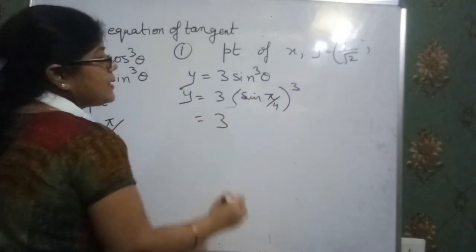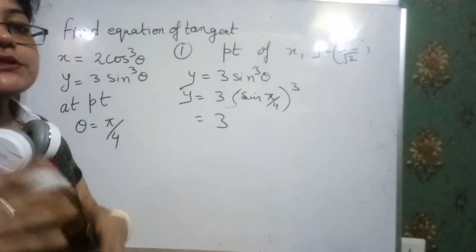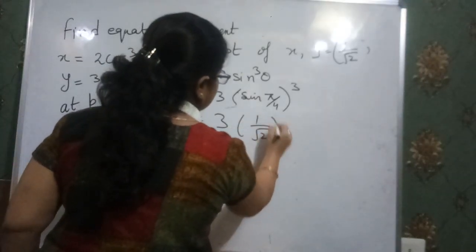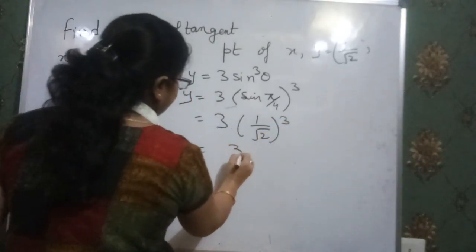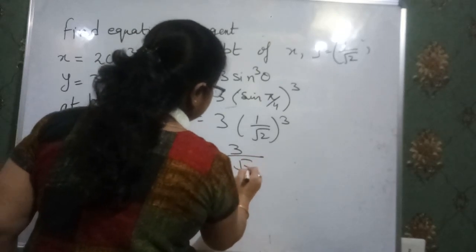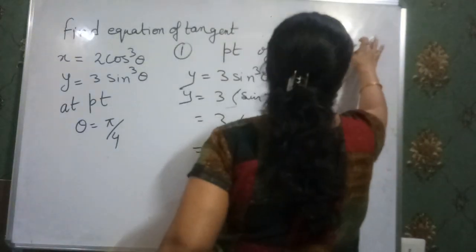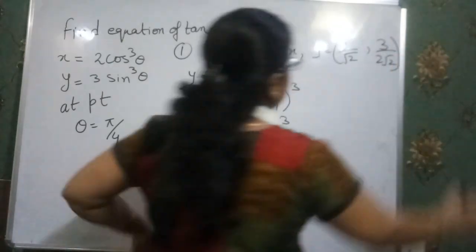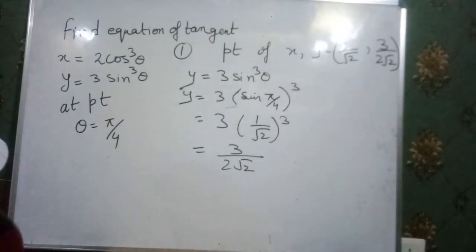Again sin pi by 4, that is 45 degrees, has the same value 1 over under root 2, that is cubed, and we have 3 over 2 under root 2. So the value of y is 3 over 2 under root 2. This is the first step I have done completely.